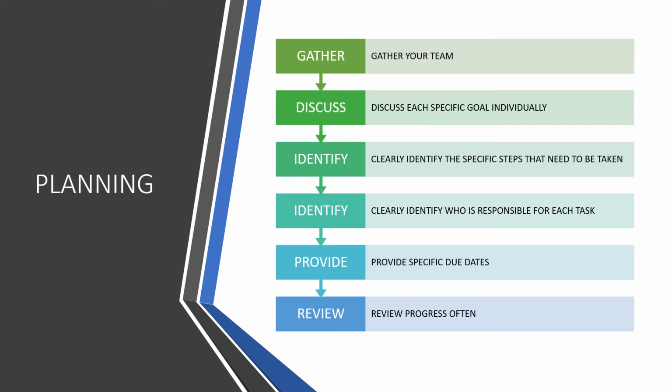Is your business development manager or associate responsible end to end for the full sales cycle? Are they responsible for prospecting? Are they responsible for conversions? Are they responsible for closings? If they are, then identify that.